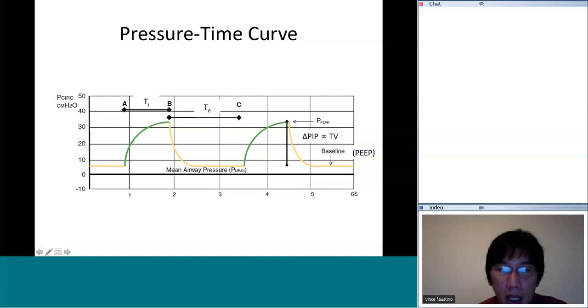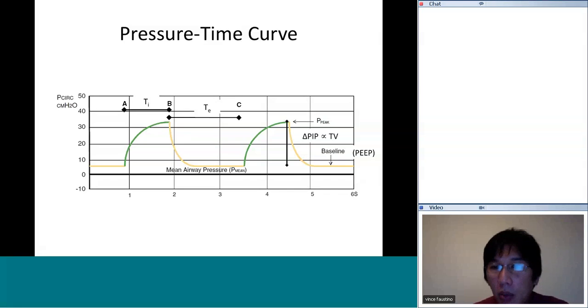That PEEP is raised to a pressure above it, which maxes at peak inspiratory pressure, and it's held there from point A to point B, which is what we call the I time, or inspiratory time. Once inspiration is completed, then expiration occurs. So you have TE, or expiratory time, which is from point B to point C. At that time, the pressure goes down to the baseline pressure, or PEEP, and then when the next breath comes in, pressure goes up again, and you end up with a peak inspiratory pressure.